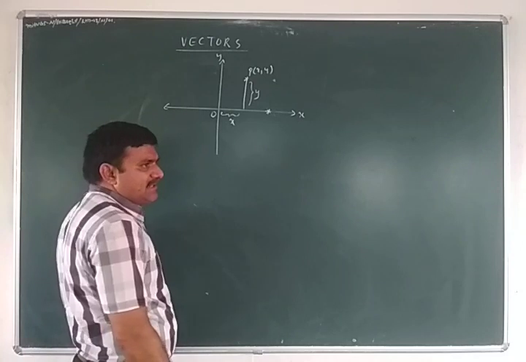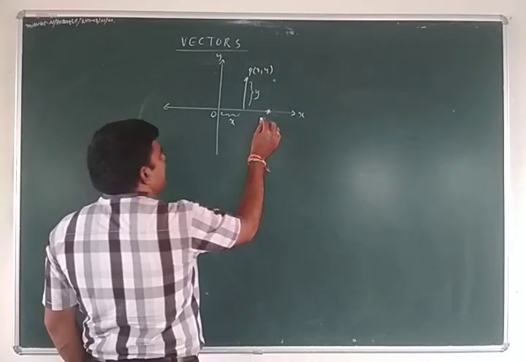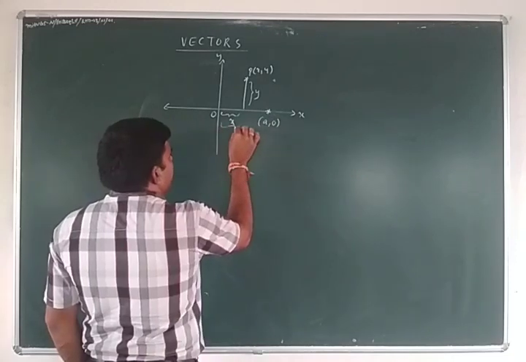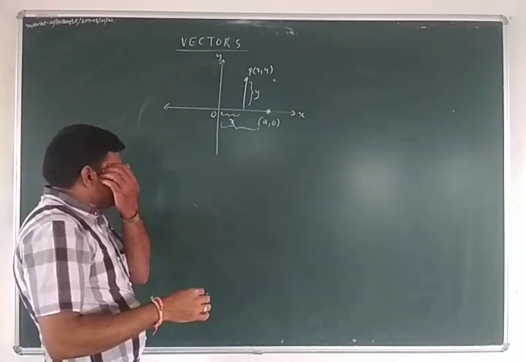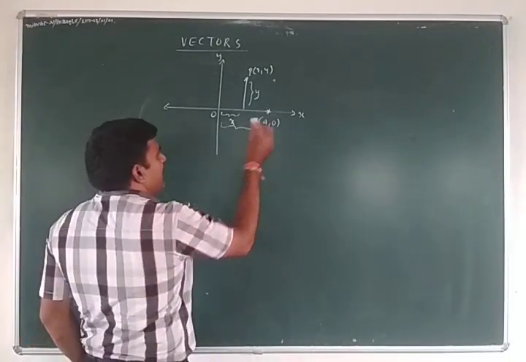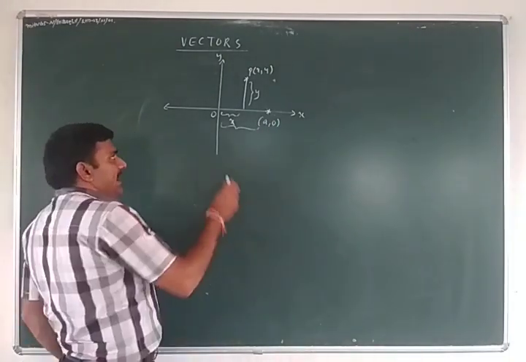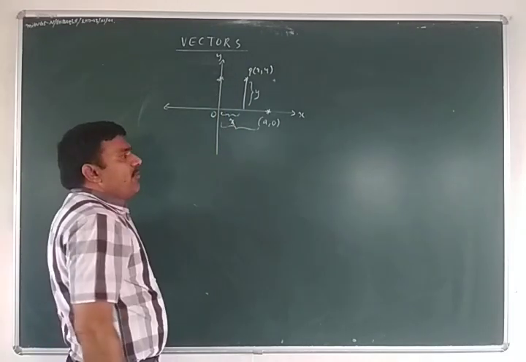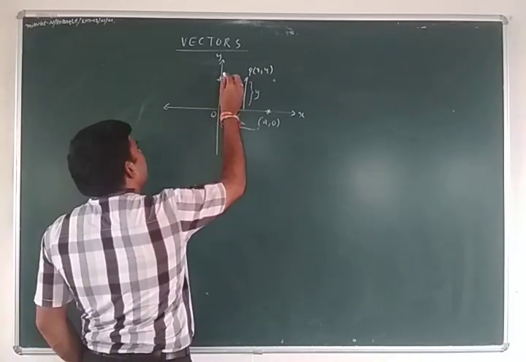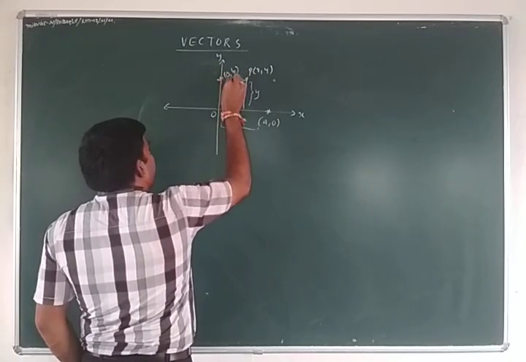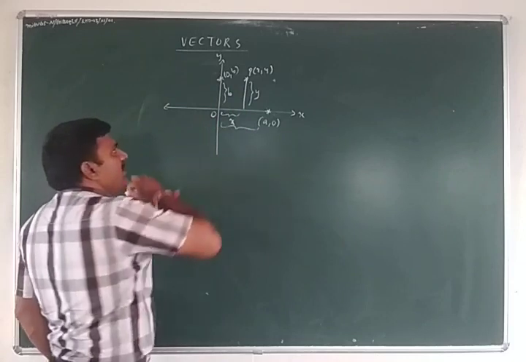And also one concept to remember, the point lies on the x axis means y coordinate is equal to 0. But suppose from here to here length is a units. The point on the x axis means your y coordinate is equal to 0, and point on the y axis means x coordinate is equal to 0, and here to here length you are taking b.